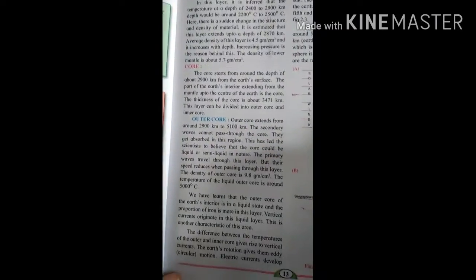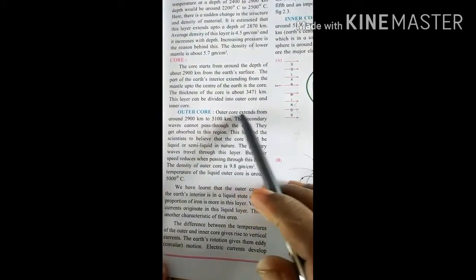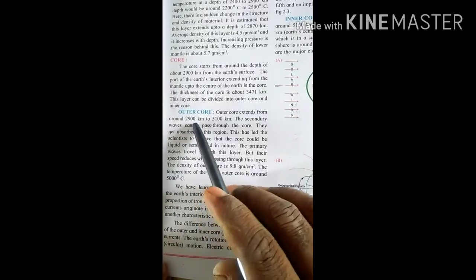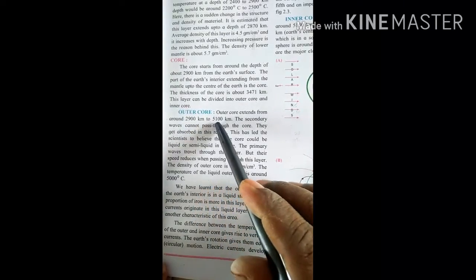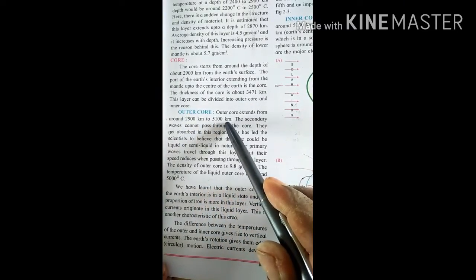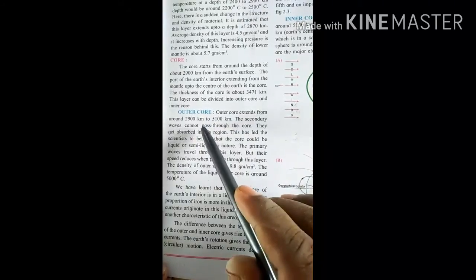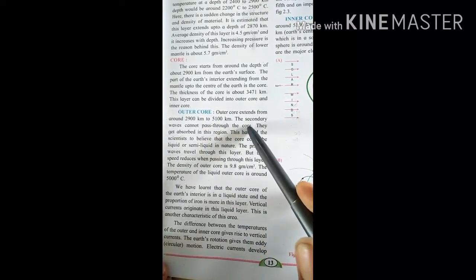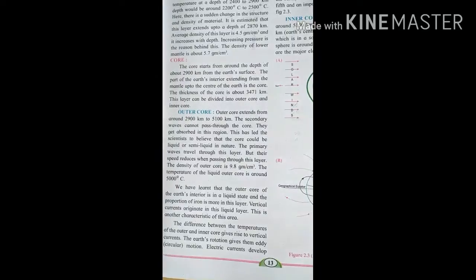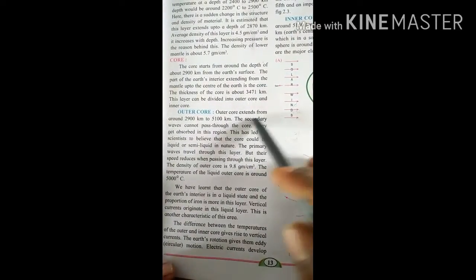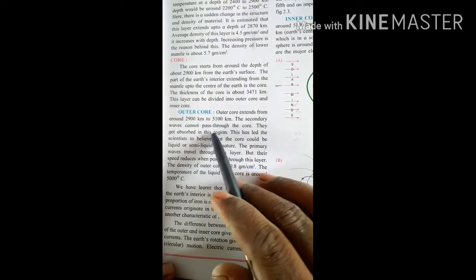Now first we will see the outer core. The outer core extends from around 2900 kilometers to 5100 kilometers, which means almost double. The secondary waves cannot pass through the core. That means the waves created by the earthquake will not pass through the outer core, so they get absorbed in this region.